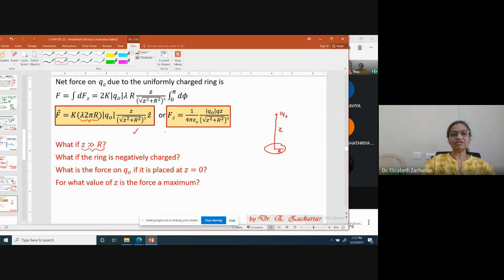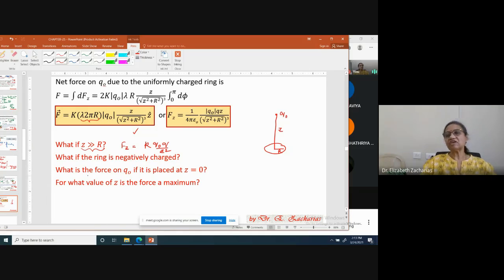That is what you will get in this equation when you make Z much, much greater than R. R square will just get cancelled out, you can just neglect it. There is a Z cube in the denominator and Z in the numerator. Therefore, I'll get Fz equal to K Q naught Q by Z square. So that means I am fine, the equation that I got is right.